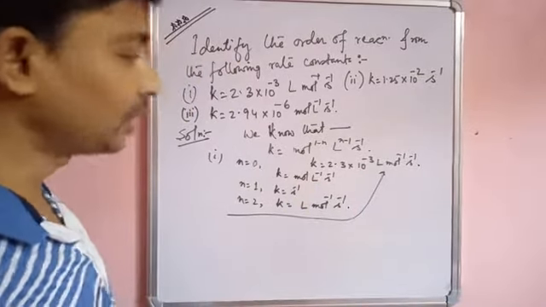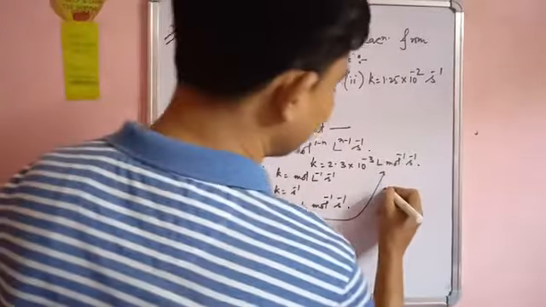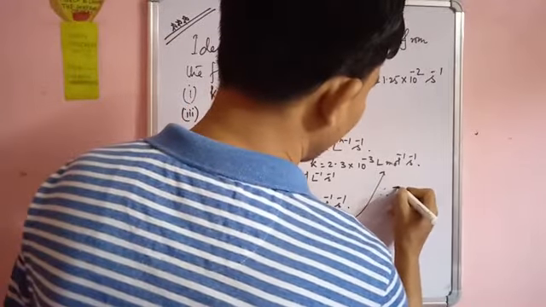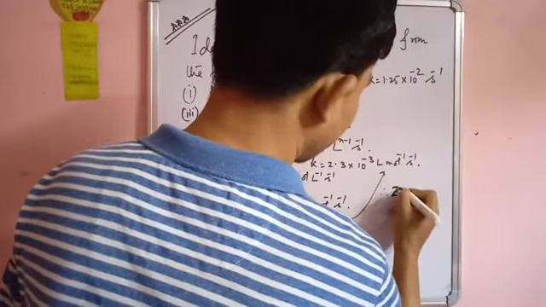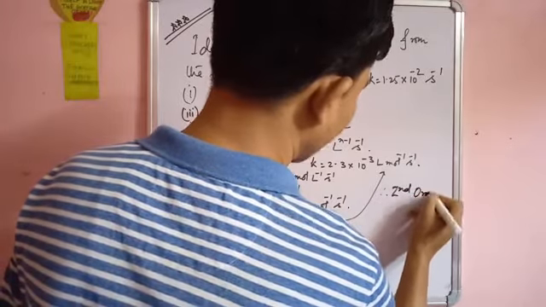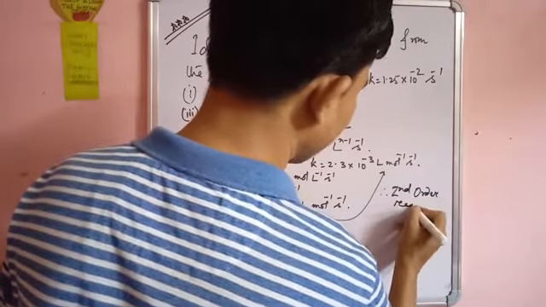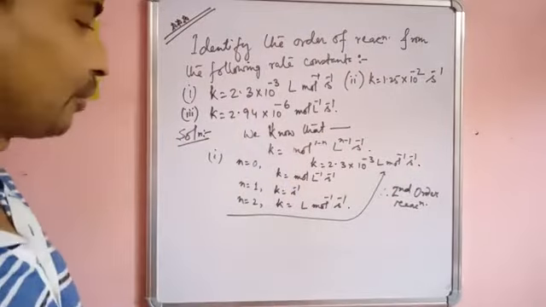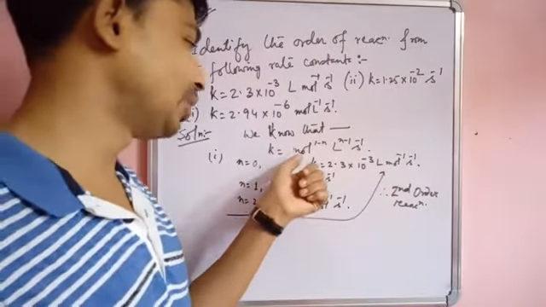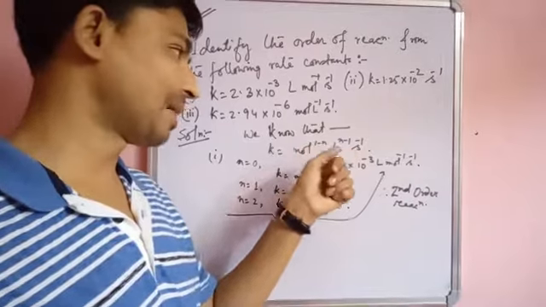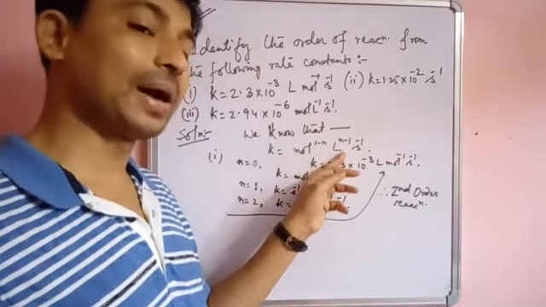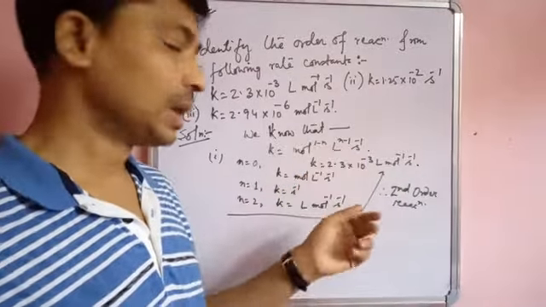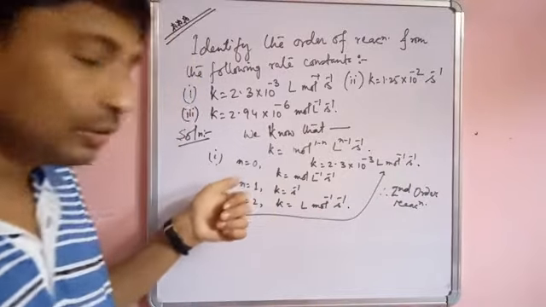So it is a second order reaction. From the value of rate constant, because we have the formula k equal to mole to the power 1 minus n, liter to the power n minus 1, per second, go on putting the values of n.